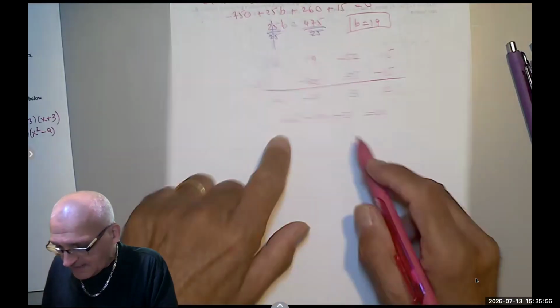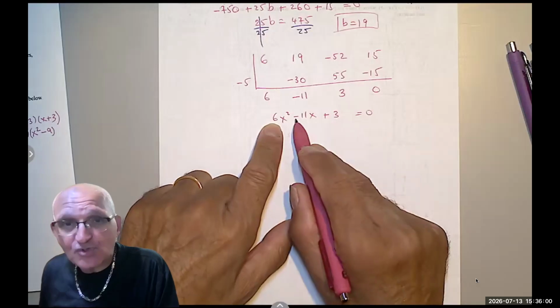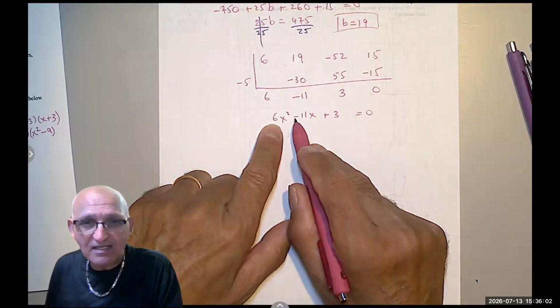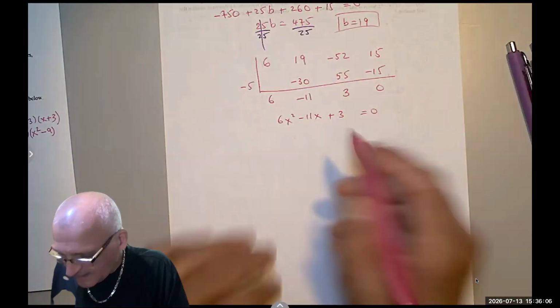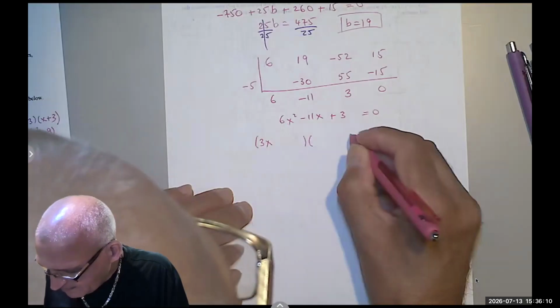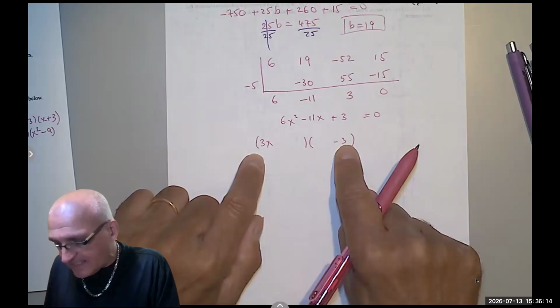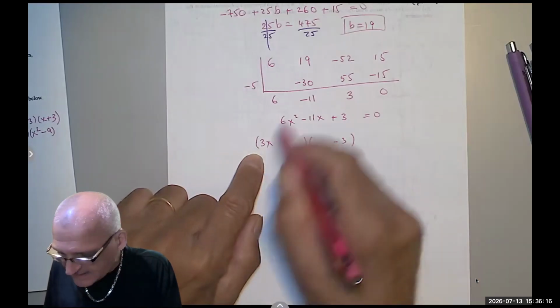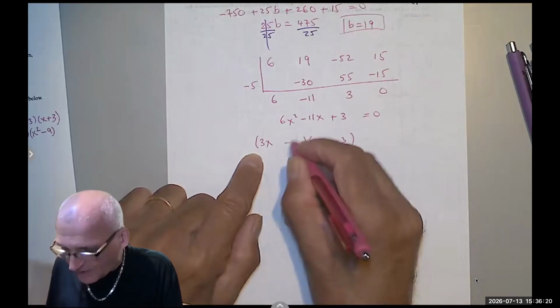I know that I need two numbers that multiply to 18 and add up to negative 11. So both of them are negative, but they are 9 and 2, right? How do I get 9? By multiplying 3x by negative 3. That will give me the negative 9 I want. And the negative 2. Notice 6x is 3 times 2. And negative 3 times negative 1.